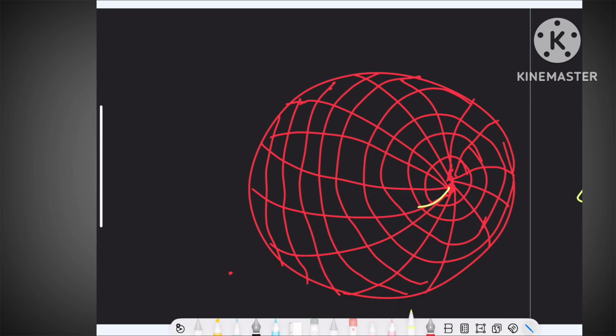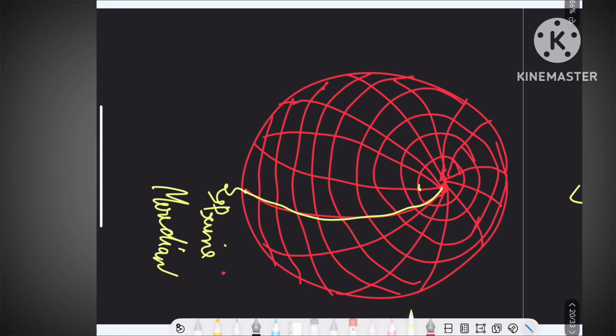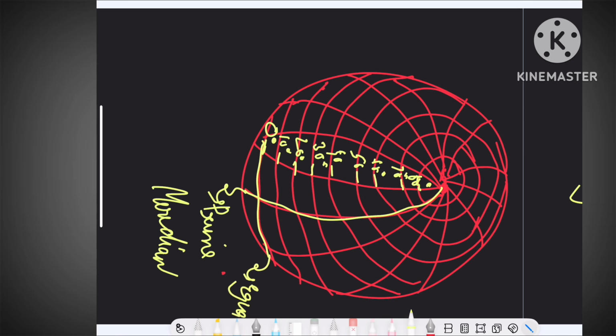This line is your prime meridian. Here are some degrees: 80 degree, 70 degree, 60 degree, 50 degree, 40 degree, 30 degree, 20 degree, even 10 degree. But this line is your 0 degree, and this line is the equator.